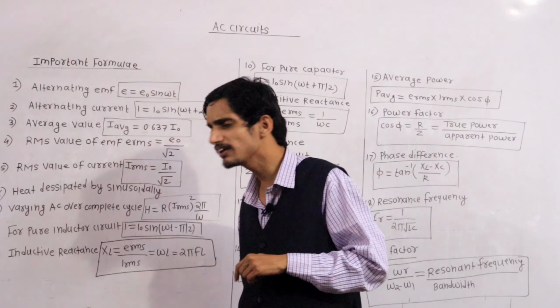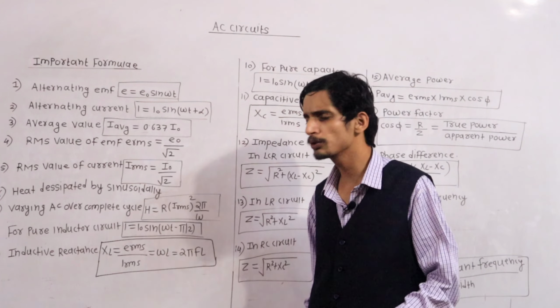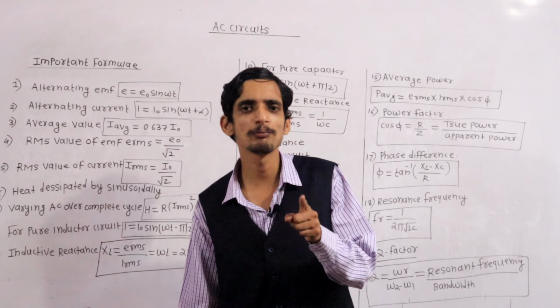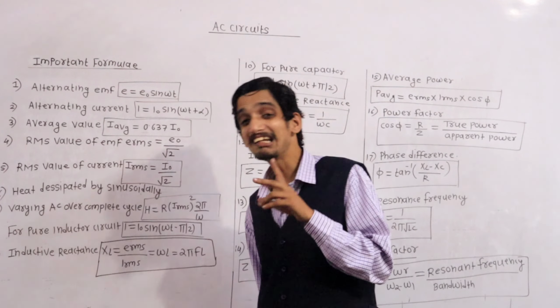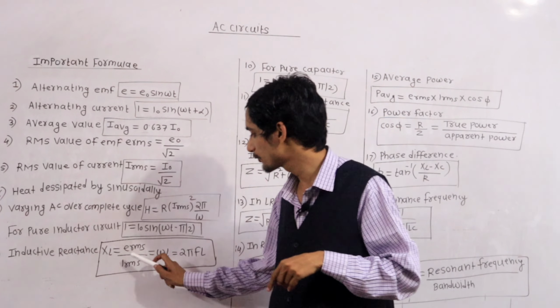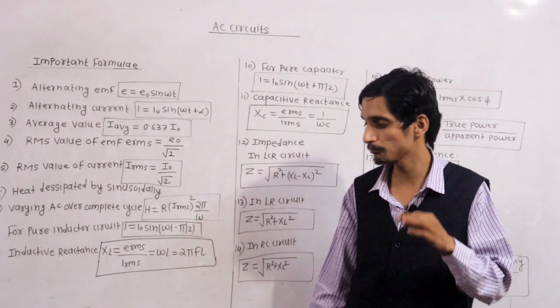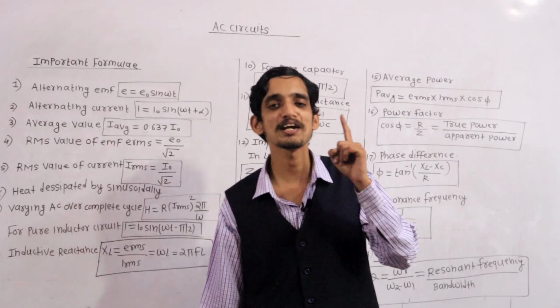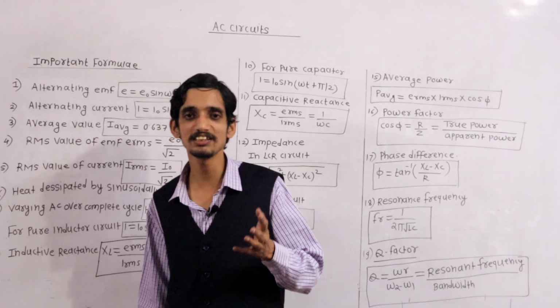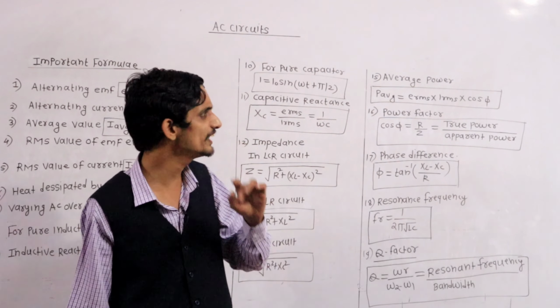For a pure inductor circuit, I is equal to I0 sin(omega t minus pi by 2). The inductive reactance XL is equal to E RMS upon I RMS, equal to omega L, equal to 2 pi F L, where F is the frequency and L is the inductance.